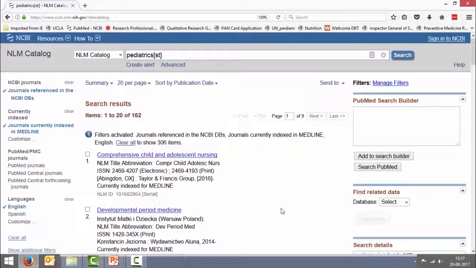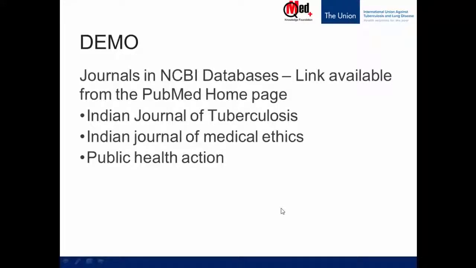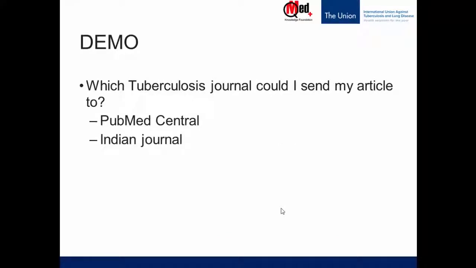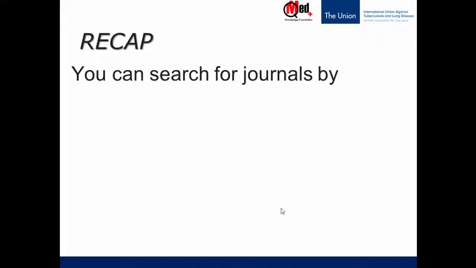I'm going back to the presentation. So we saw these. We also found out which tuberculosis journal I could send my article to. We tried PubMed Central, we tried Indian Journal, we got some choices. So, a recap, you can search for journals by journal name.